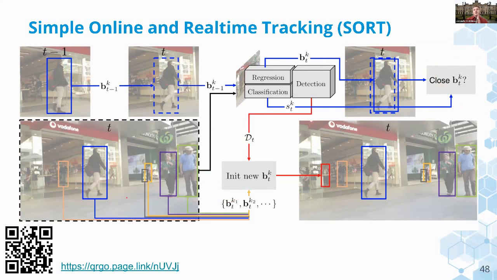at some time point, this object will appear again. And for us, as for humans, it is obvious that this reappeared object and this closed trajectory are the same object, so we can simply match them. But the SORT algorithm cannot do this.